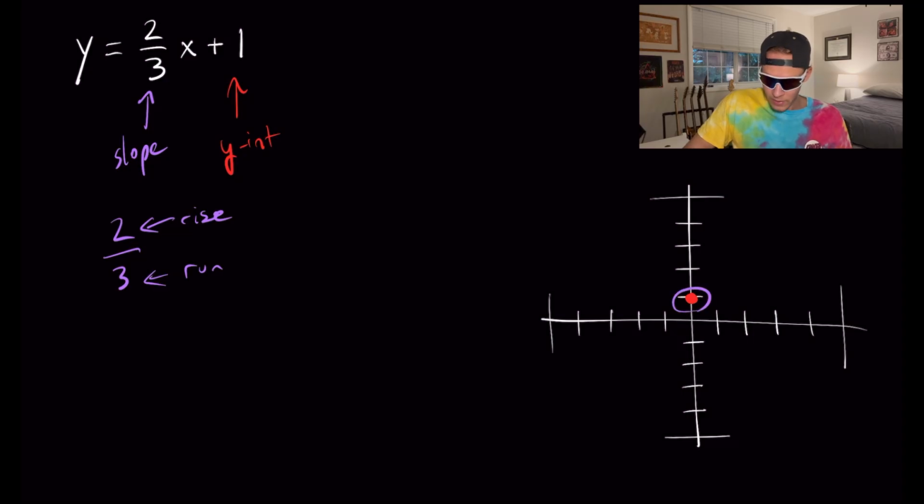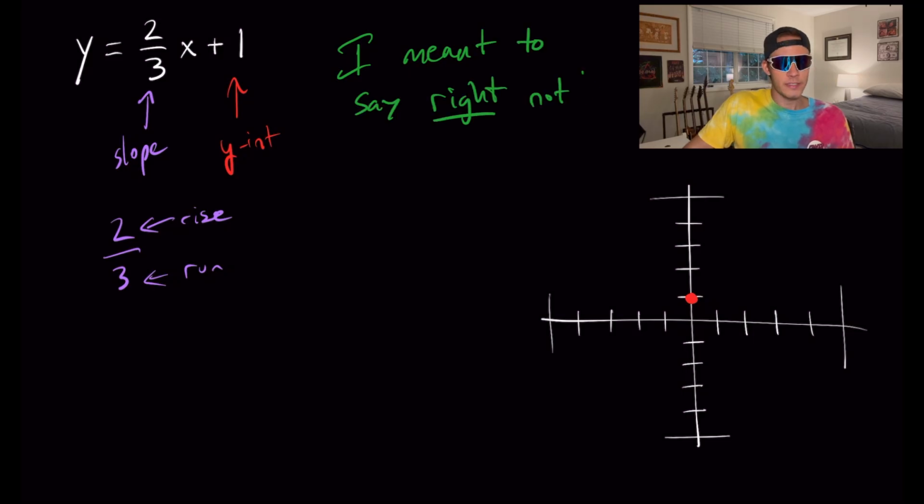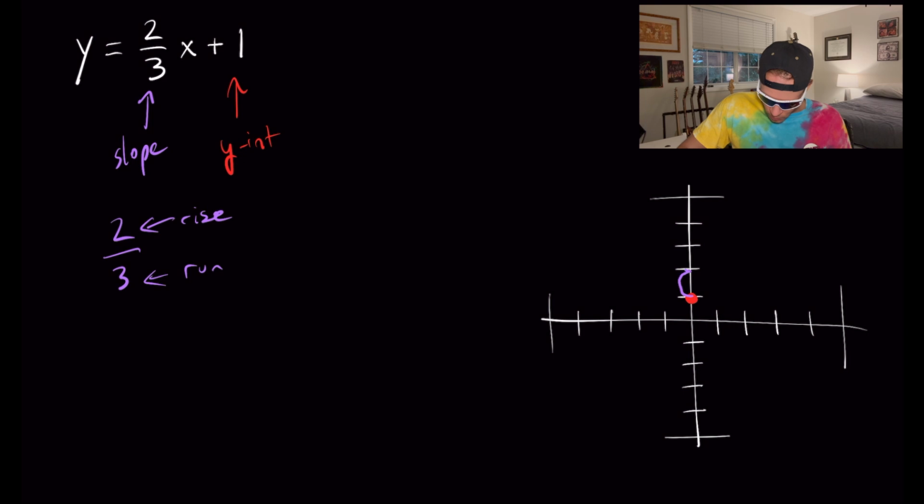So I now have a starting point, right? My y-intercept, we're going to call that our starting point. And I'm going to plot the next point in the line, going to the left, by rising 2 and running 3. So if I rise 1, 2, and then I run 3, 1, 2, 3, right?